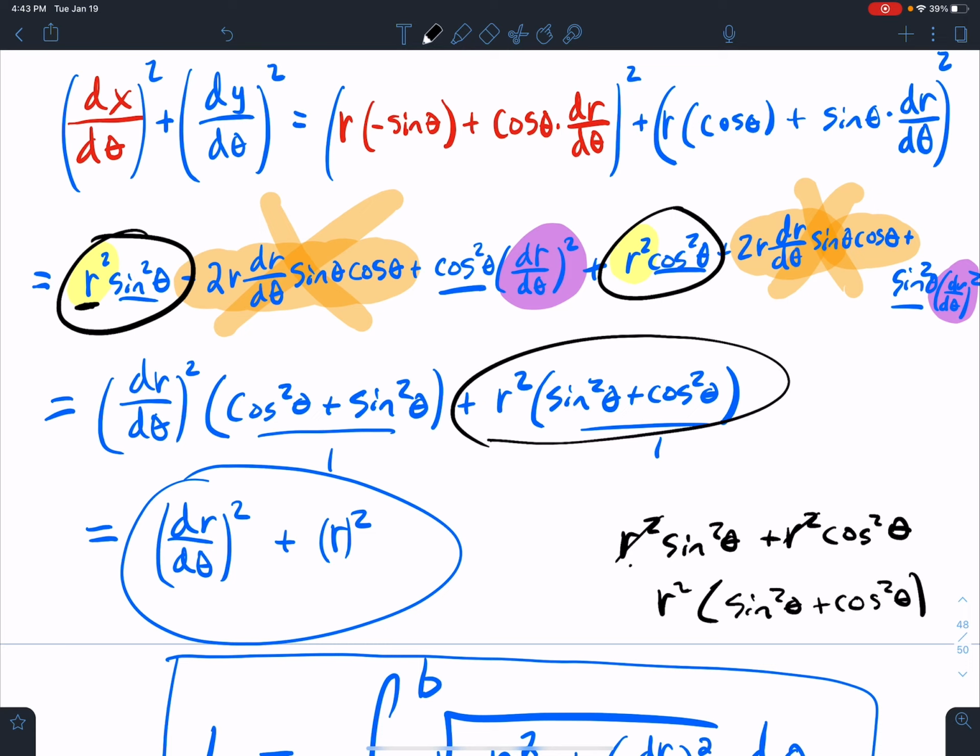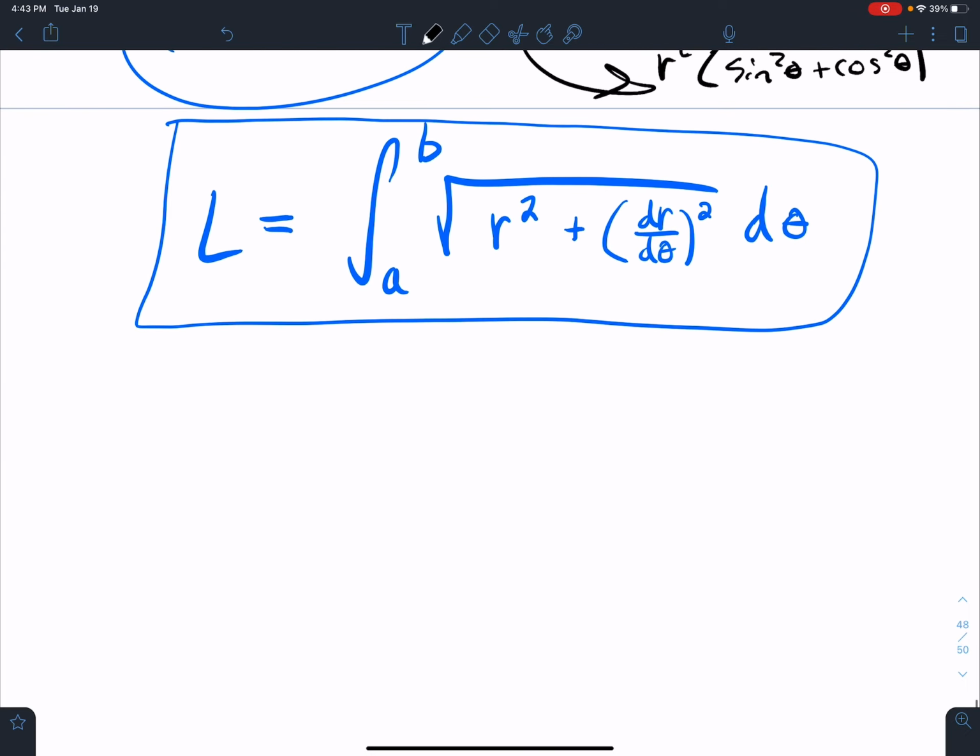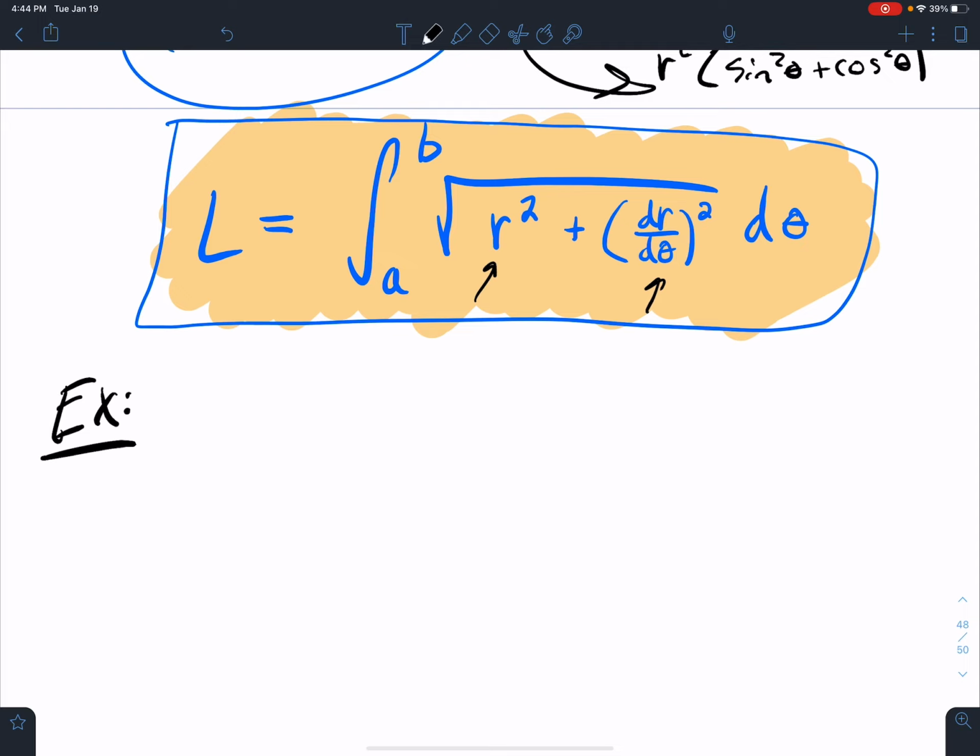So that's where this term is coming from. Same thing for that other piece over there. Okay? But if you don't understand all that, that's okay, because this is what you need in order to do arc length for polar curves. You need the function and you need its derivative. And that's it.